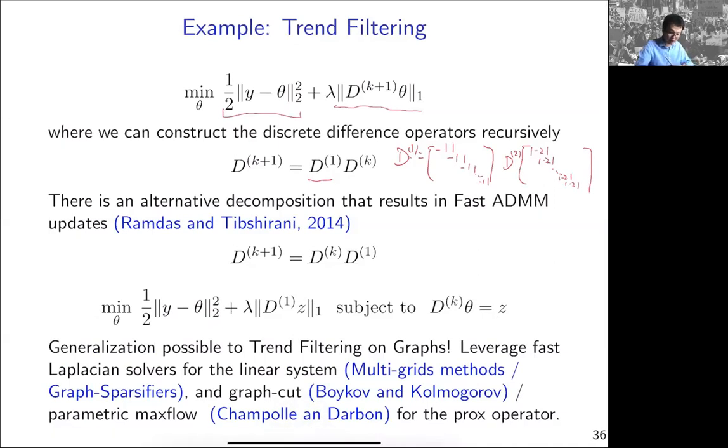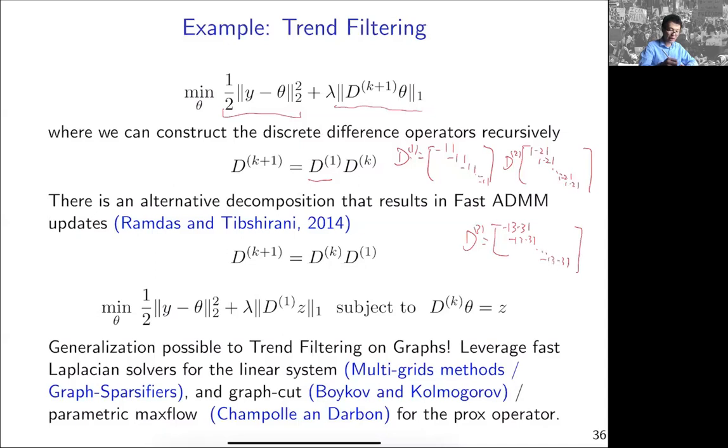In the third order derivative, D3 will be like -1, 3, -3, 1, -1, 3, -3, 1, -1, 3, -3, 1. So these kinds of operators are extremely specialized, right? Everything else is 0, it's sparse, and it is somewhat diagonal.